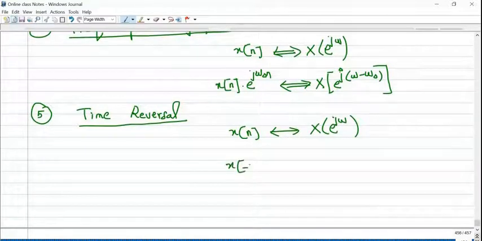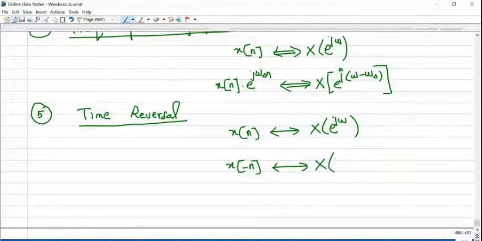So if we find the DTFT of x of minus n, replaced by minus n, then in the result X of e power j omega, wherever e power j omega is there, we have to replace it by e power minus j omega. That's it. Okay. This is the time reversal property.